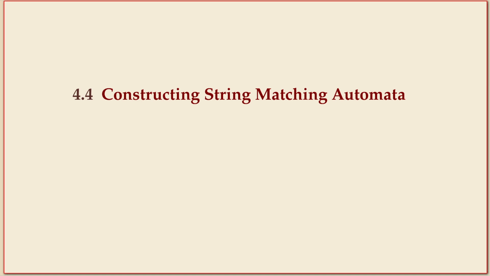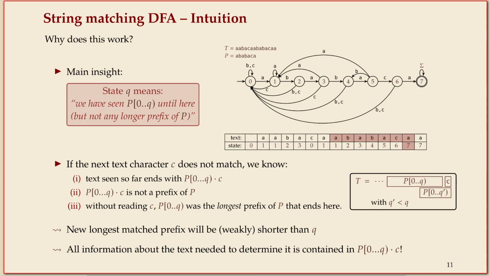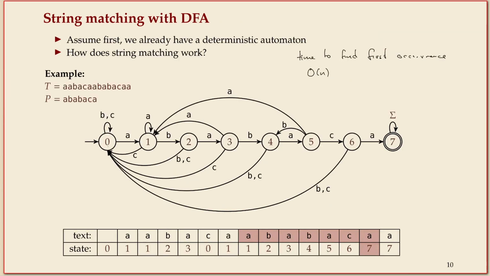Now, this kind of argument is also the correctness proof of the string matching procedure. That's what I alluded to earlier when we were discussing this example: the easy bit is that when you reach the state 7, the accepting state, you found a pattern occurrence because you just walked along this path.